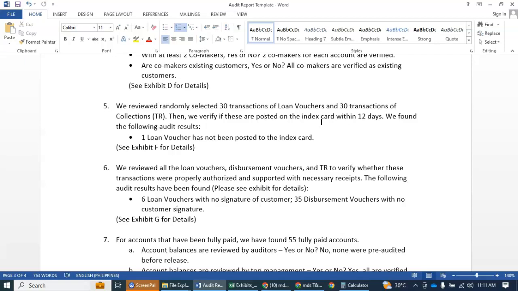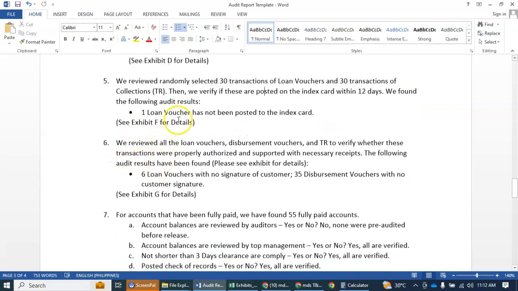If they reflected the record after 12 days, that would be a violation. That would be another finding because it must be recorded immediately. We give 12 days because they're busy. We give them a chance considering the volume of transactions actually happening in a day.